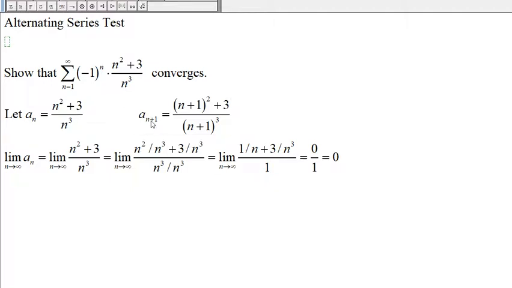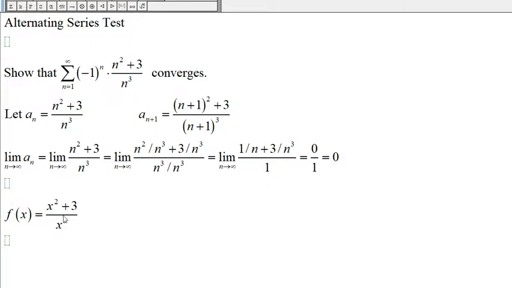And since we cannot do a direct comparison, what we can do is go to the first derivative. And so right here, the corresponding continuous function is x squared plus 3 divided by x to the third. And then we have to show that the corresponding function is decreasing.